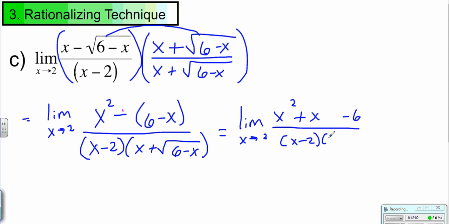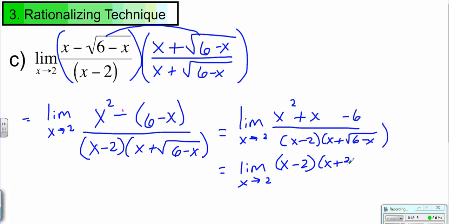Still got a little ways to go. Square root of 6 minus x. Well, let's try factoring the top. Is it factorable? x minus 2 and an x plus 3 should be the factoring on top. On bottom, ooh, there's an x minus 2 going to go away. That eliminates the dilemma of a 0 denominator.